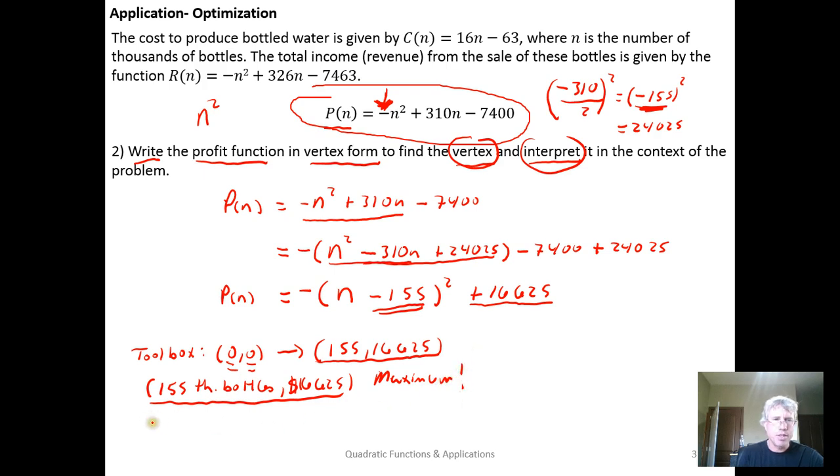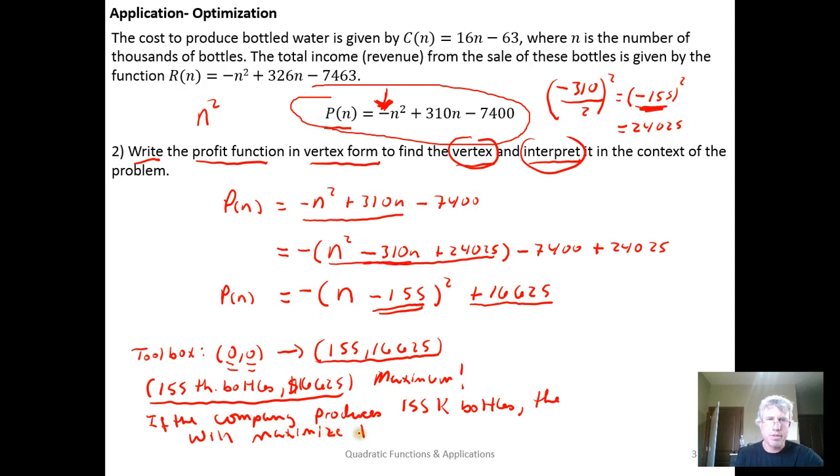So my interpretation is, if the company produces 155,000 bottles of water, they will maximize their profit based on this model.